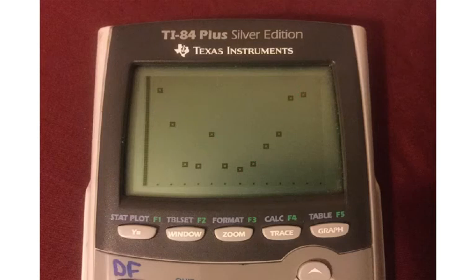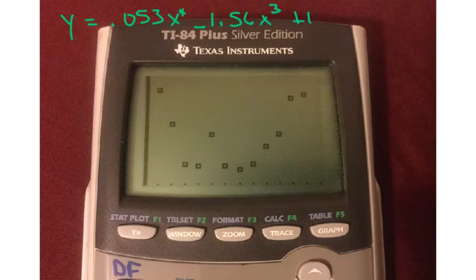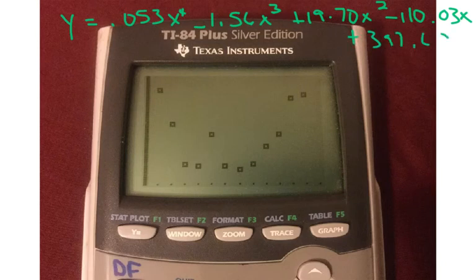So if it's quartic, then the equation is going to be y equals 0.053x to the fourth minus 1.56x to the third plus 1970x squared minus 110.03x plus 397.68.